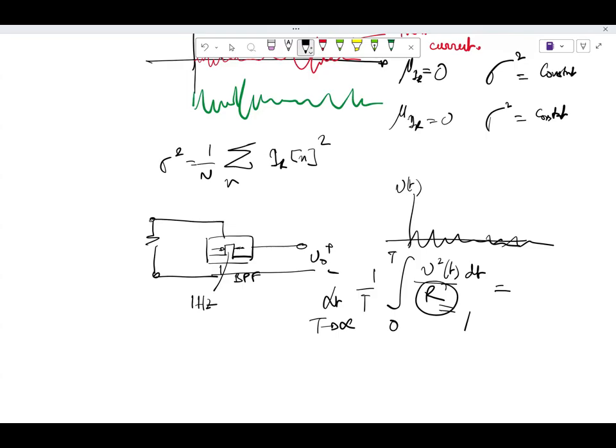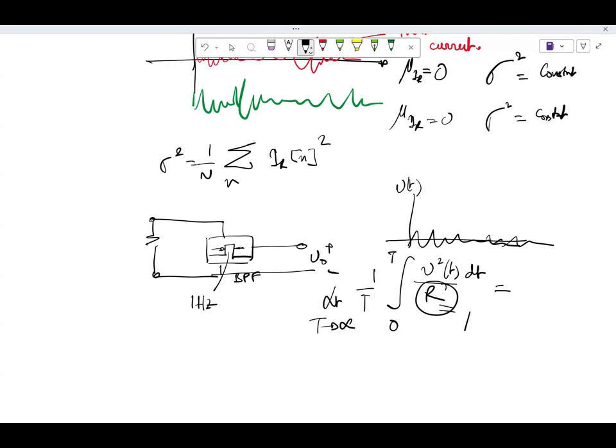So basically, taking the output of the band pass filter and saying that I am observing a power across some fictitious R equal to 1 ohm is equivalent to saying: what is the variance of the noise that I was trying to estimate earlier? But note that I have made an important distinction from the previous experiment: I am not directly observing the voltage across the resistor.